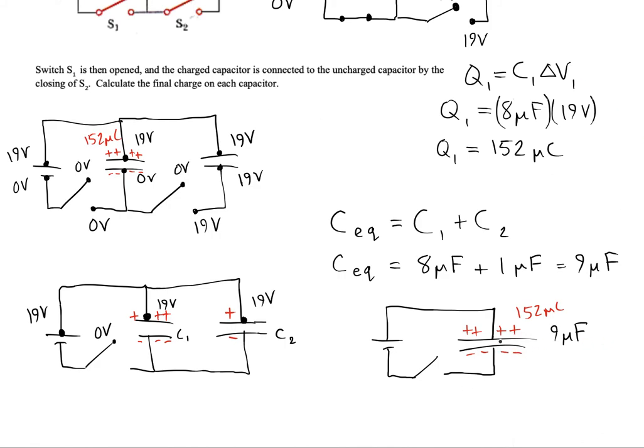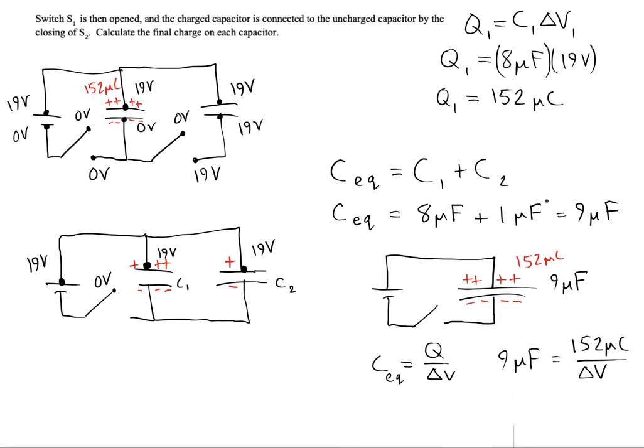From that, we could find the delta V of the capacitor. We'll just use the formula C_EQ equals Q over delta V. So we'll have 9 microfarads, 152 microcoulombs over delta V. Solving this, we get delta V equals 16.9 volts.